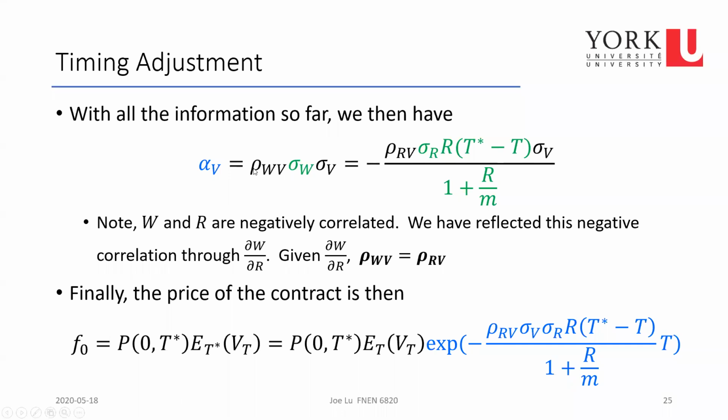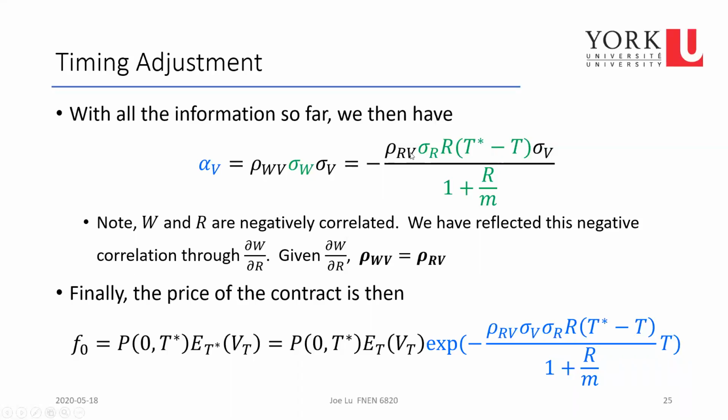Now, this correlation between W and V and the correlation coefficient between R and V, people typically would think, well, W and R are negatively correlated. So instead of the correlation being 1, it's negatively correlated, when you convert from this to that.